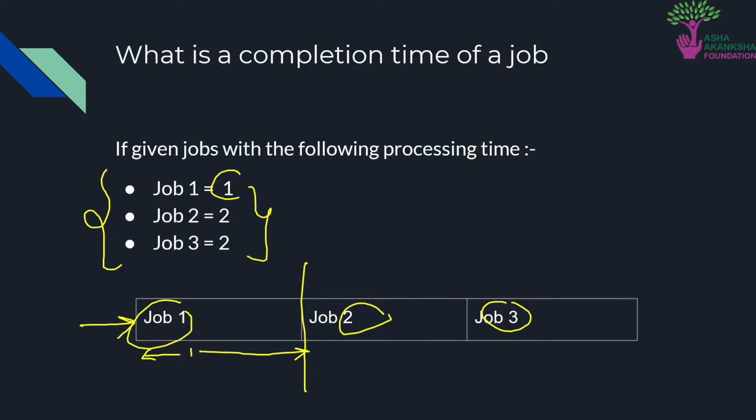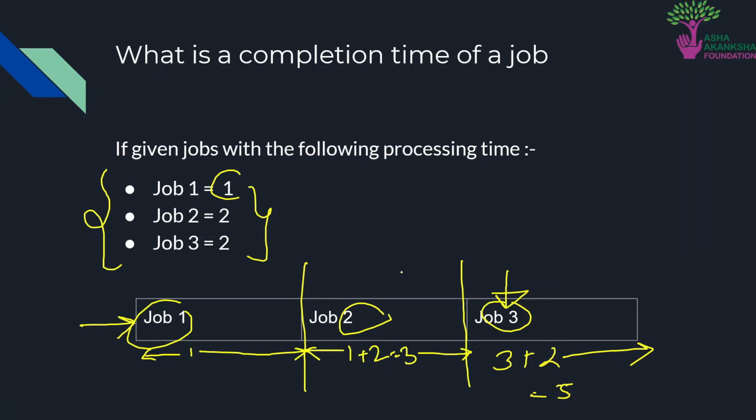Now moving on to job 2, before performing job 2 we have to complete job 1, therefore the completion time of job 2 will be the time taken to complete the jobs previous to it plus its processing time, which is 1 plus 2, which is 3. Same for job 3, it will be 3 plus 2, which is 5. So the completion time of a specific job is its processing time plus the time taken to complete all of the jobs preceding it.